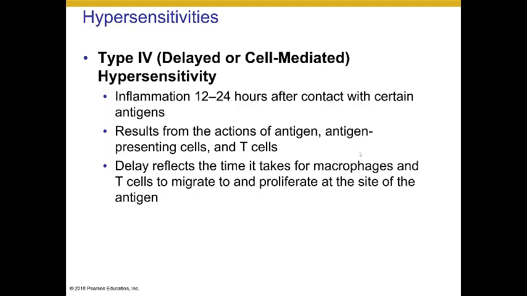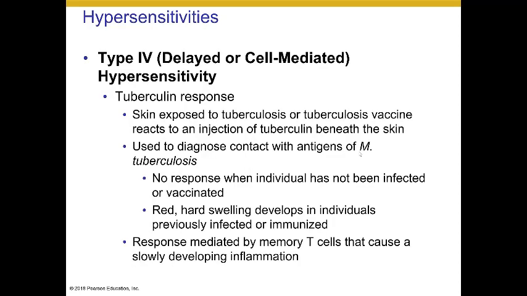You might rub up against poison ivy and not realize you've done that until the next day, and that's when you see the rash. So it's an overactive immune response to a particular antigen, but because the effects aren't seen immediately, we call this a delayed response, or type 4.